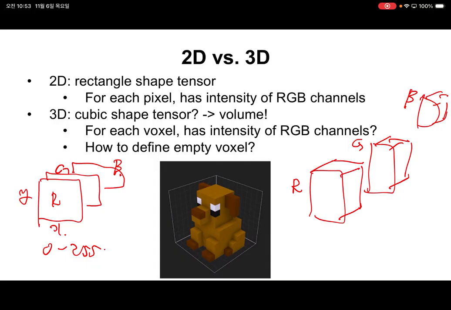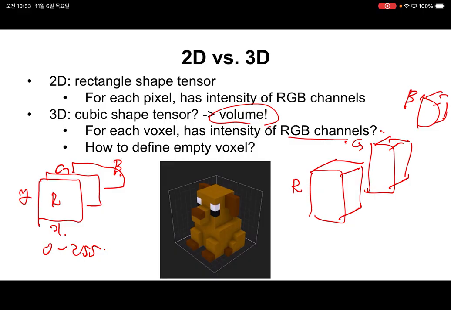Maybe this is a simple extension of a rectangle-shaped image tensor to 3D. Actually, that is the volume. We call this kind of data representation a volume. We will study it soon. For each voxel, it has intensity in RGB channels. But the difference is that there can be empty voxels. That is the biggest difference between the 2D image and the 3D case.